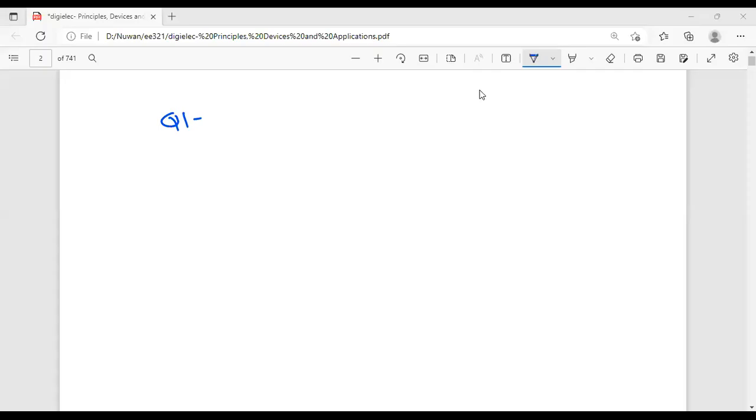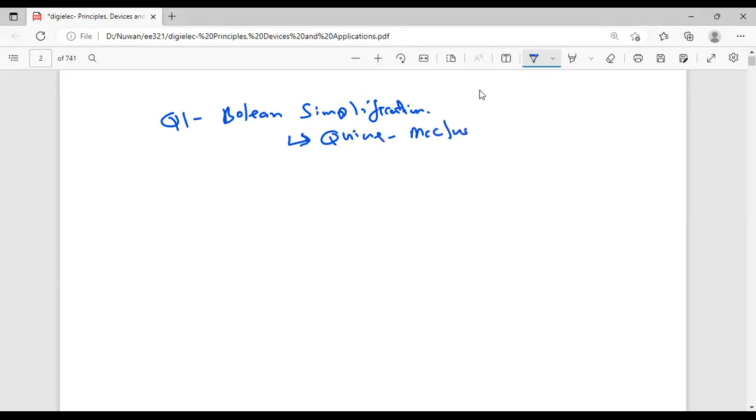Okay, so Q1 is from Boolean simplification, and you have to use the Quine-McCluskey method, the tabular method.